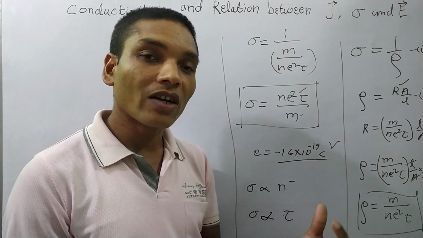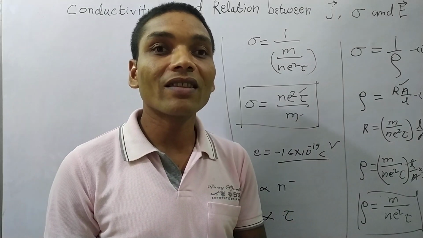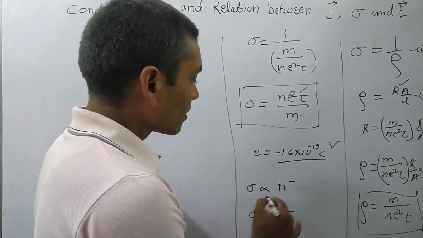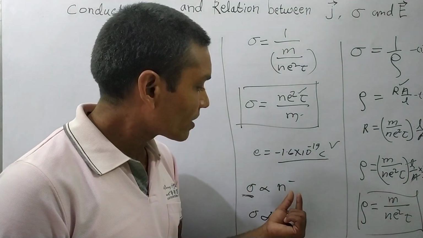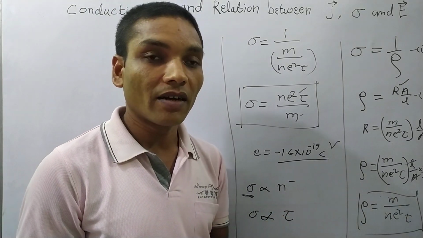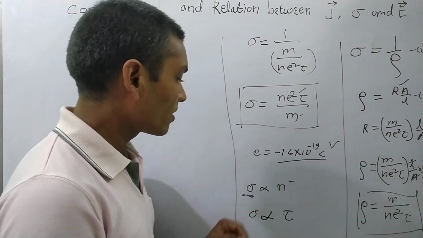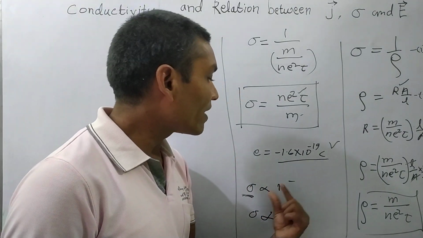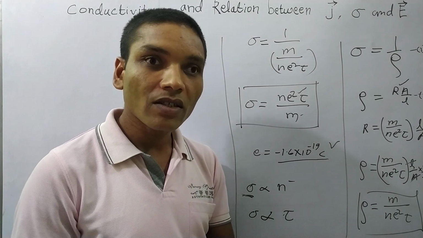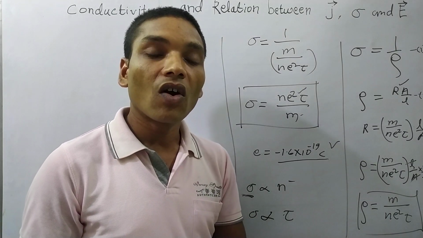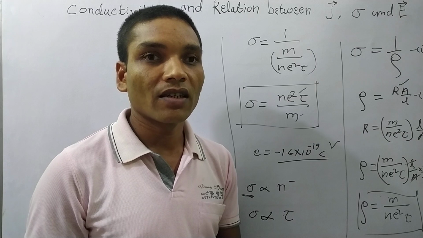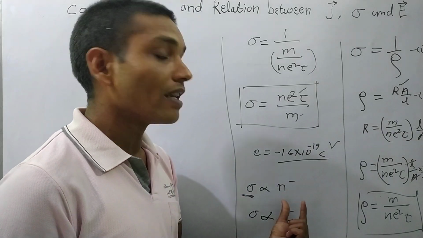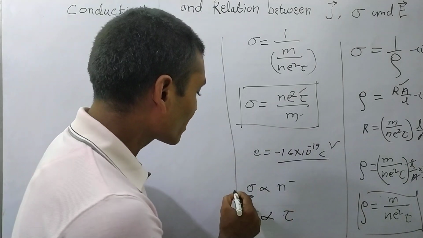This number of electrons per unit volume determines the nature of the conductor, so conductivity depends on the nature of that conductor. The conductivity of any conductor does not depend on the length of the conductor or the area of cross section of that conductor. It only depends on the nature of the conductor, and this is the first factor.